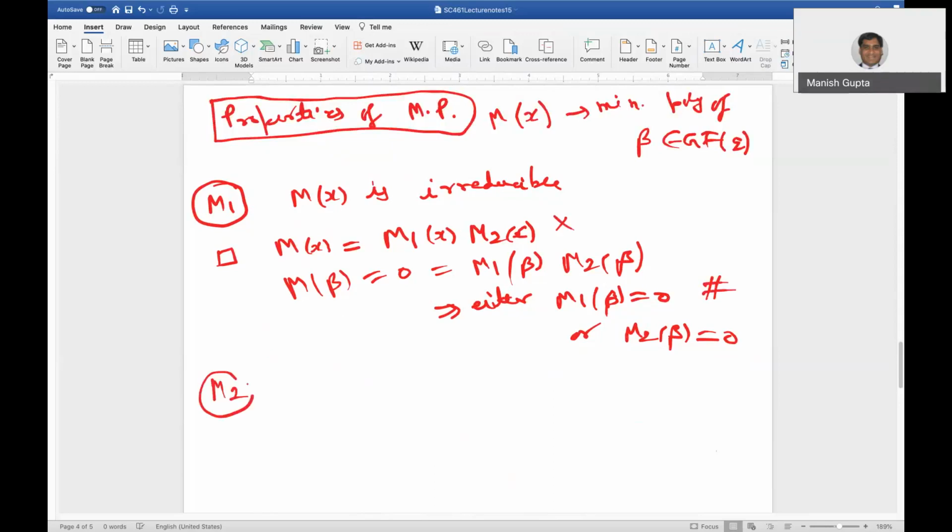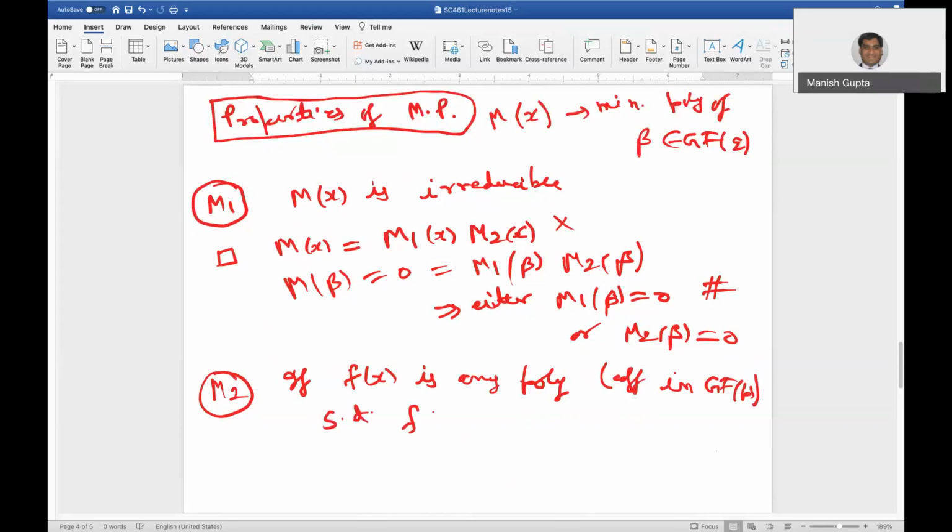Second property: if f(x) is any polynomial with coefficients in GF(p) such that beta is a root of this polynomial, then m(x) will divide f(x).